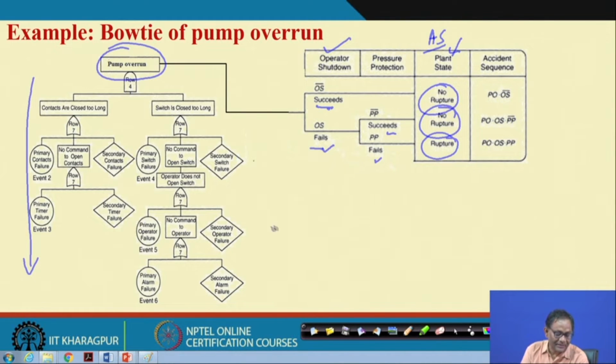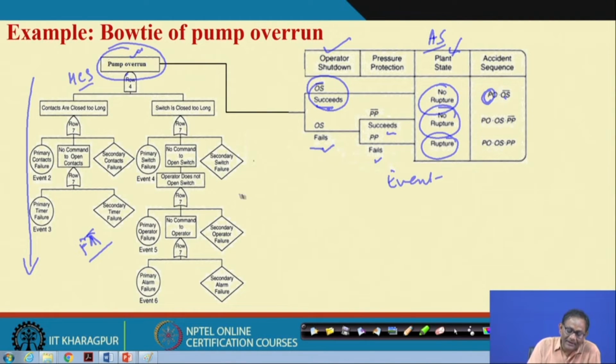So I can tell you that if I know the MCS, the minimal cut set, for the pump overrun, then every MCS leads to this, and the path is that pump overrun takes place, and then this one, this one. What have you done here? You have created a bow tie. Why? On one hand this fault tree, on the other hand an event tree.